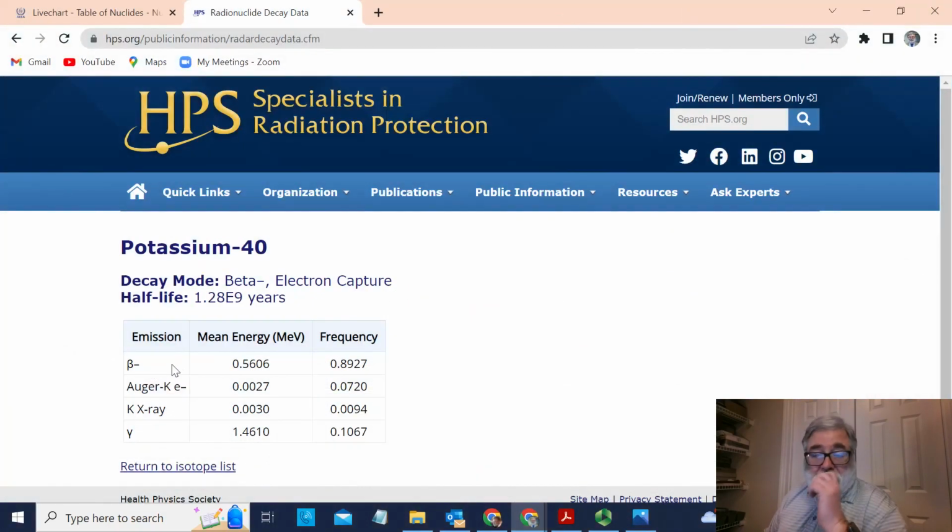The mean energy for beta particles from this transformation is 560.6 keV, 0.5606 MeV, and it occurs 89.3% of the time.